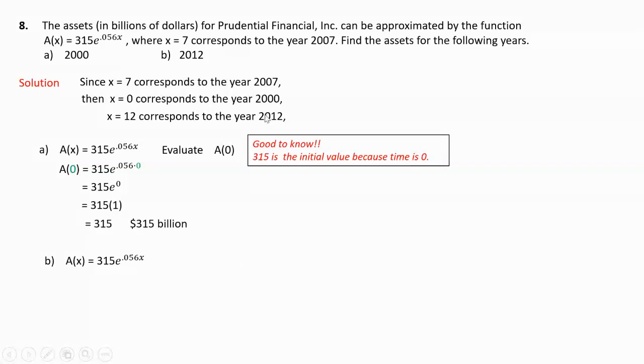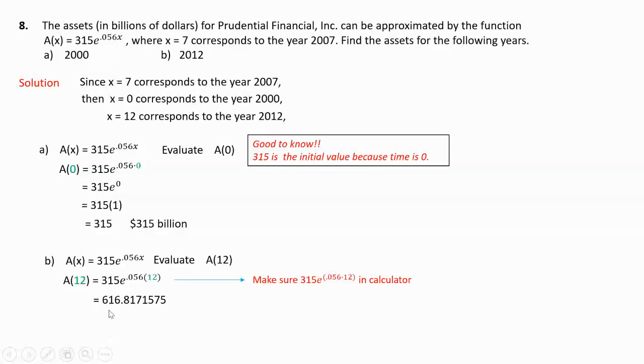Now for part B, we're going to evaluate A at 12, which means we're going to plug in 12 for the x's. We can plug that into the calculator. It's going to give us something like 616.8171575, rounded off to the nearest whole number or the nearest tenth.